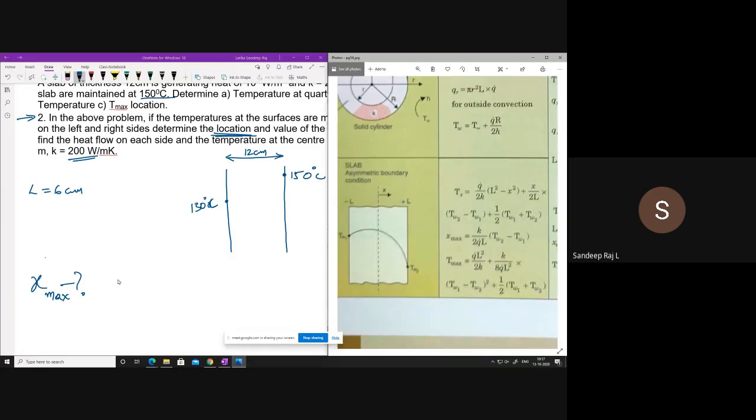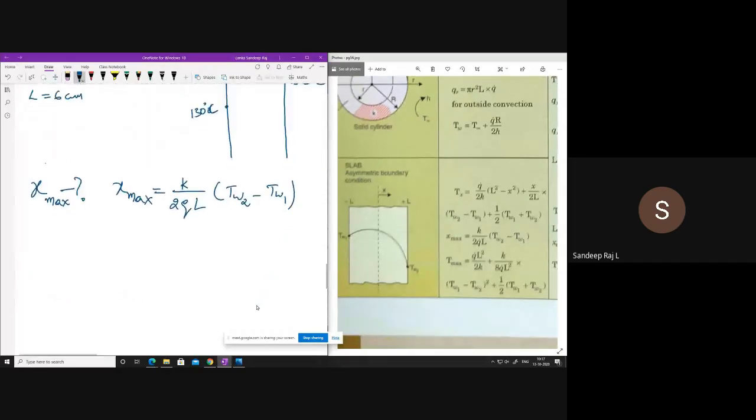The x max formula, I'm writing here. This is equal to k by 2qL into (Tw2 minus Tw1). So you have the k value, which is 200 given in the question, and the q value is 10 to the power of 6 given in the question, and the L value is 6 centimeters, so take 6 into 10 to the power of minus 2.